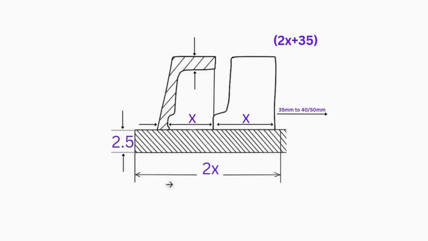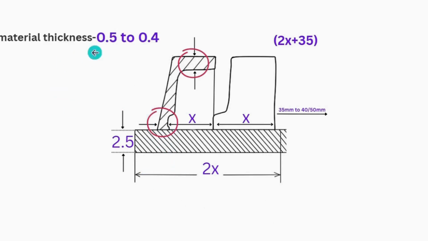How did you come to that value? I have seen that somewhere, but I don't know the technical background. It depends on the material. According to the material, the values are divided. It is 0.5 to 0.4 of the material thickness.